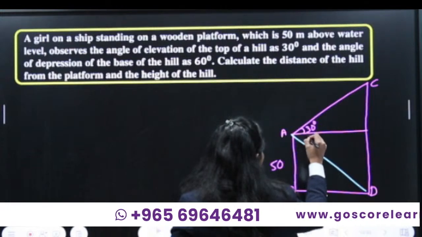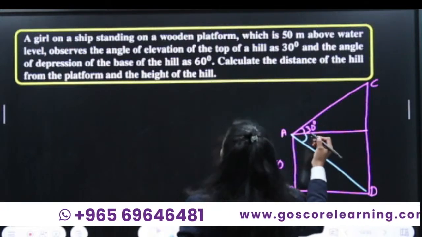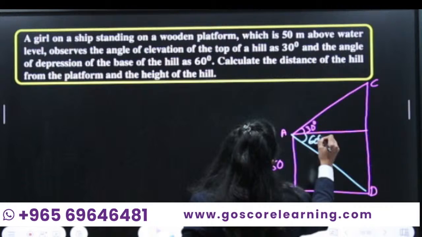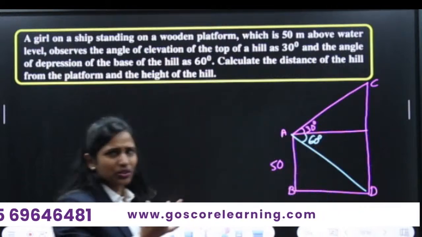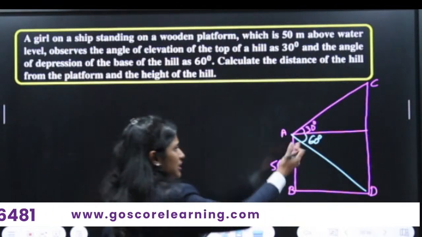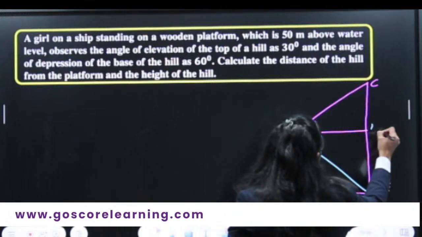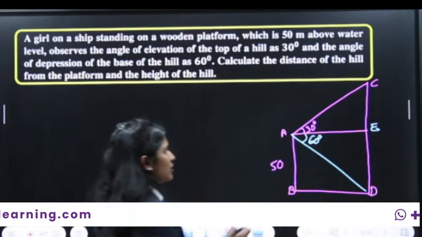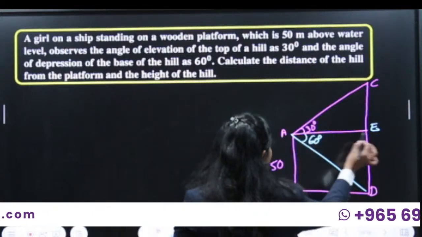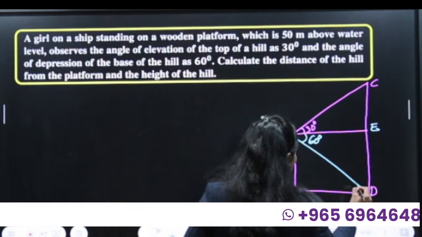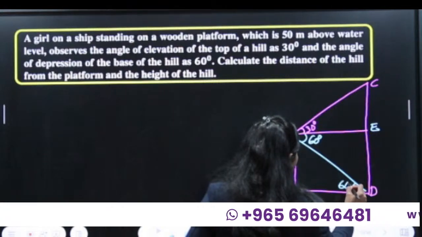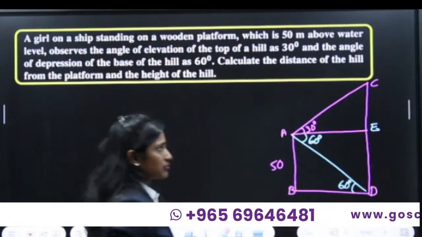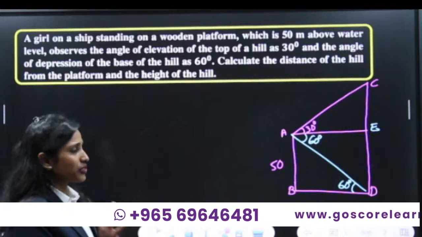So it is angle of depression as 60. So here we don't have to draw the extra horizontal line. So already here, let's name it as E. Okay, the horizontal line as AE. So if this is 60 degree, then by alternate interior angle property this is 60 degree also. Okay, so this is the figure.